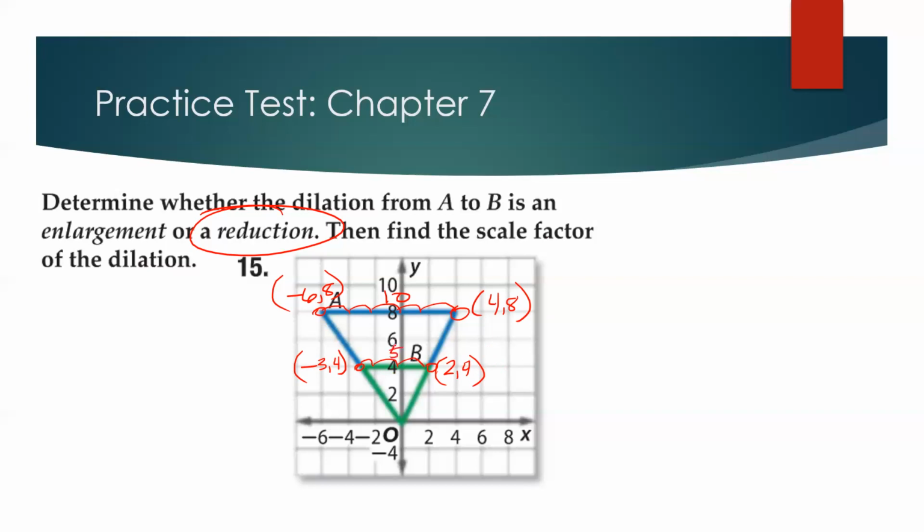So the distance there is 5, okay? And so we are comparing B over A, okay? So B, the distance was 5, and the distance from the vertices in triangle A was 10. So we can simplify this by 5, and we end up with 1/2, and that is the scale factor, okay?